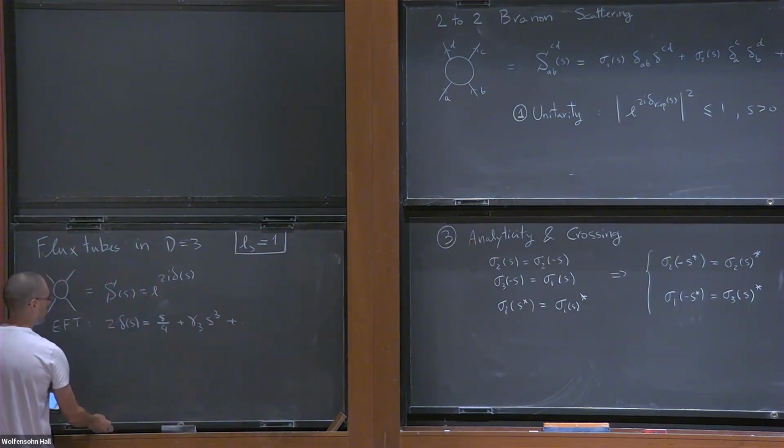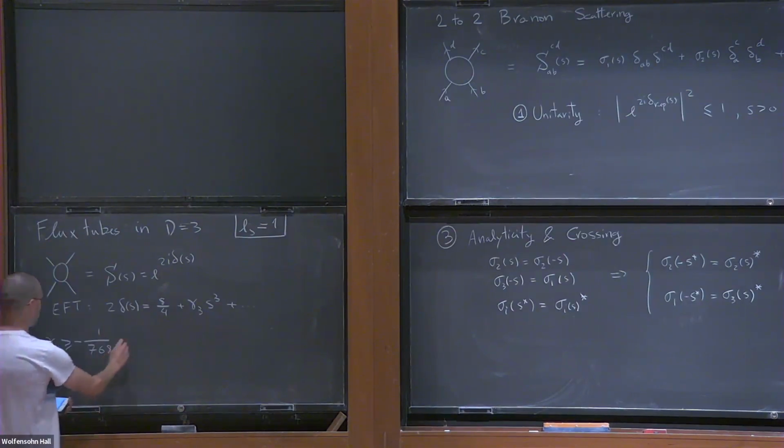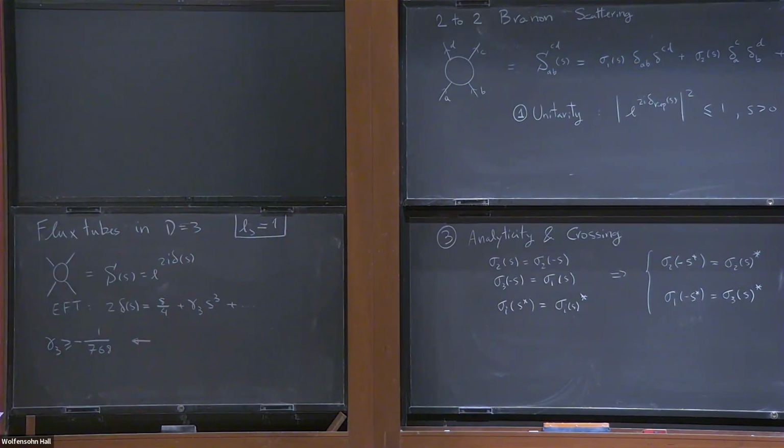And yesterday, we derived this bound that gamma 3 had to be greater than minus 1 over 768.